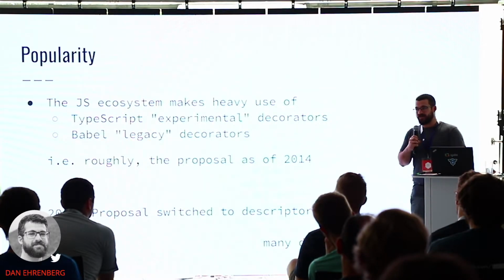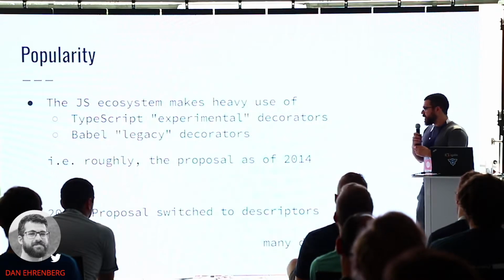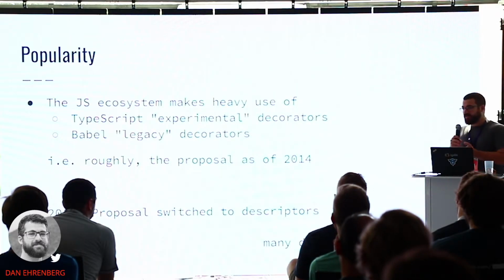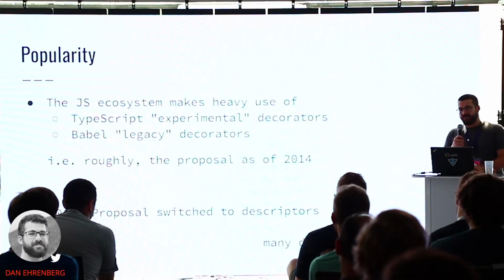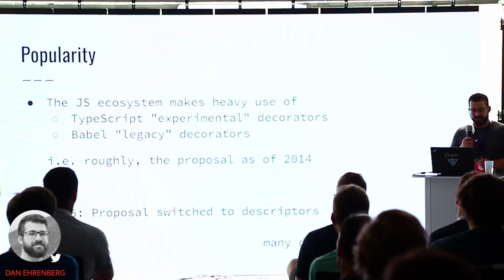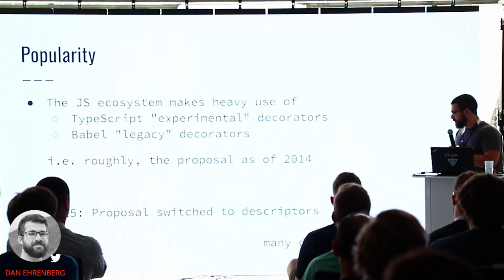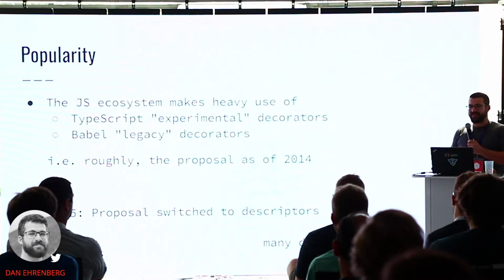They did a great job aligning the ecosystem behind this early decorators proposal. But as we proceeded through standardization, they realized, and the committee realized, that there are certain changes that need to be made. So for the past 4 years, we've been working in TC39 on standardizing modified versions of this decorators proposal, though the developer community hasn't completely followed along.